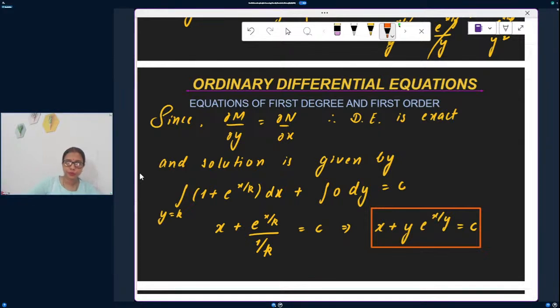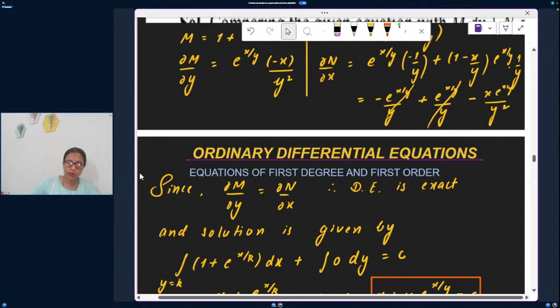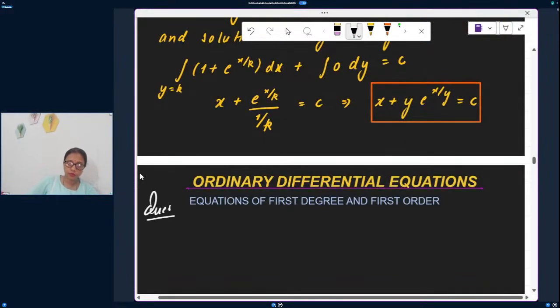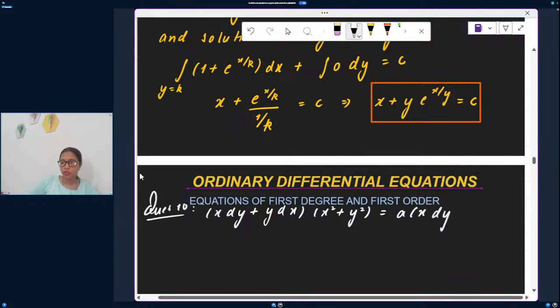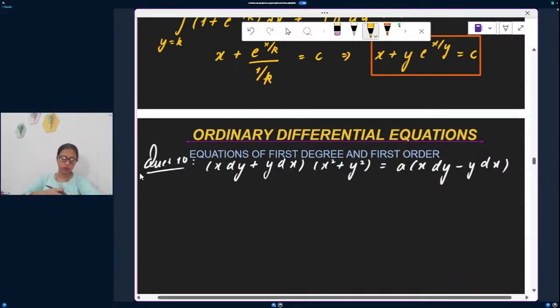It implies your answer is x plus y e raised to power x by y equals k. Next, question number 10. (x dy plus y dx)(x square plus y square) equals a (x dy minus y dx). Here you have to separate dx and dy.